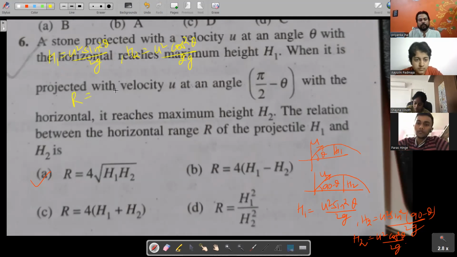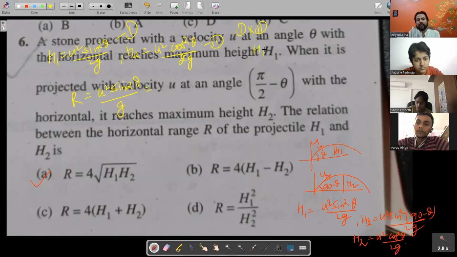And what is the value of range? That will remain the same in both cases: u square sine 2 theta upon g. Now just multiply these two equations, equation 1 multiplied by equation 2.